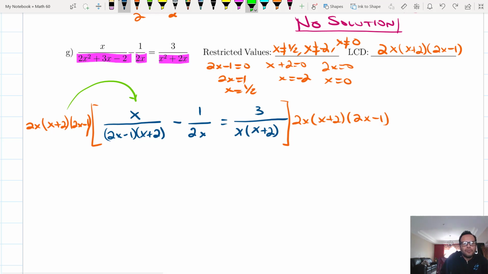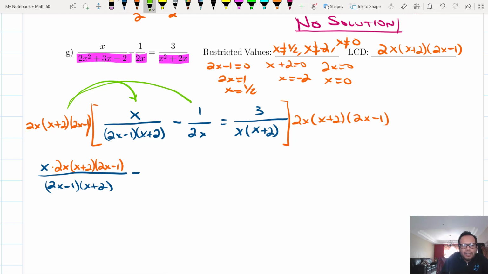So I'm going to multiply the quantity x times 2x times x plus 2 times 2x minus 1, and then divide that by the quantity 2x minus 1 times x plus 2, minus, let's do the same, distribute the LCD over the numerator of the second fraction on the left hand side.